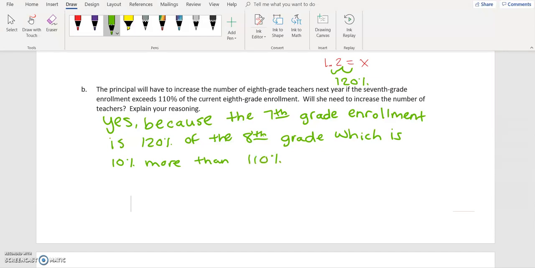So we have that from Part A. Part A said 120%, and we needed something that exceeds 110%, and obviously 120 exceeds 110.